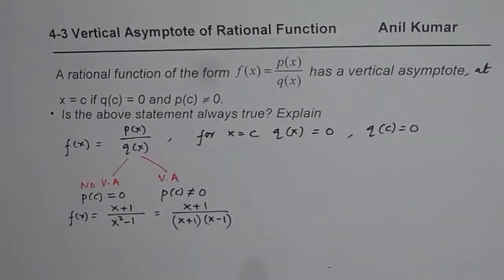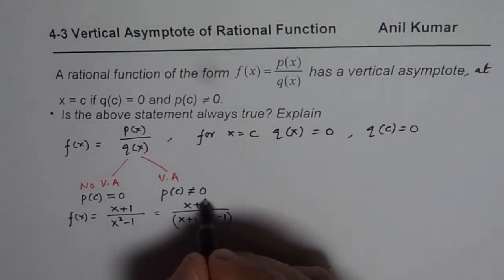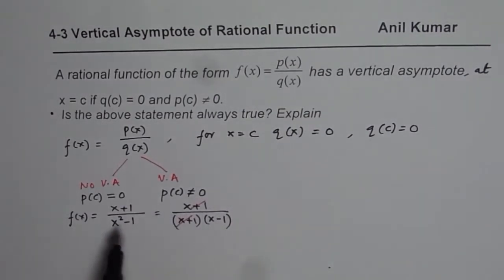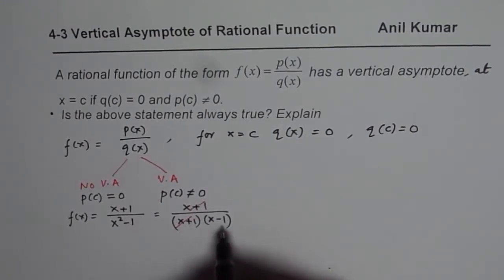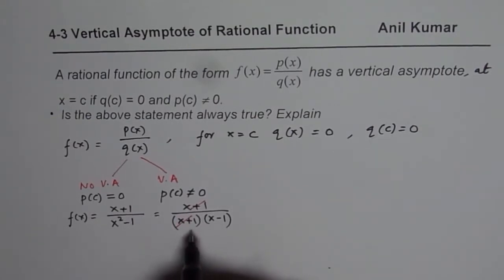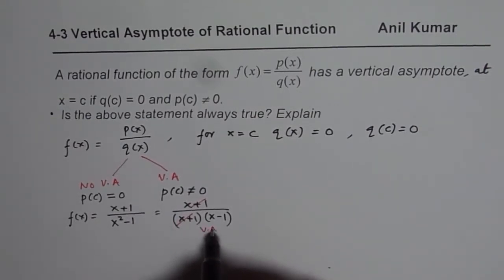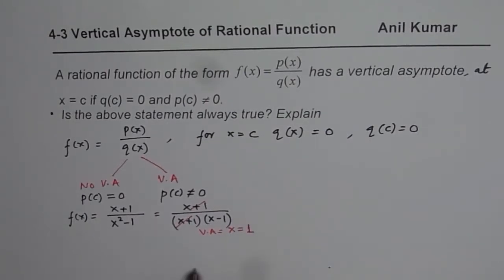Now what really happens is that they get cancelled off. Since at minus 1 we have 0 in both the numerator and denominator, we do not have a vertical asymptote at minus 1. So this is a good example to understand. In this example, the vertical asymptote is only at x equals 1, but not at minus 1.